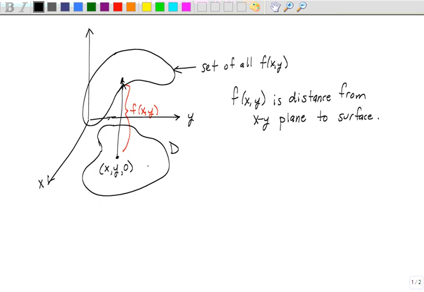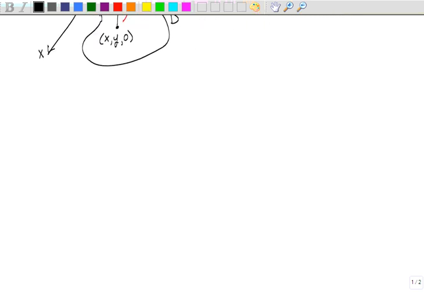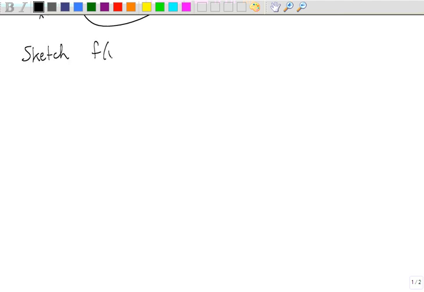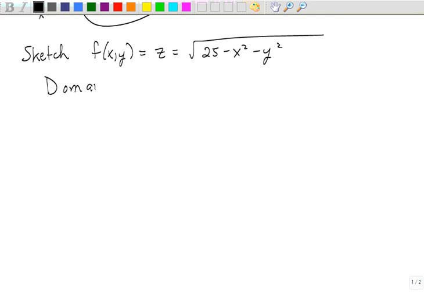So say we want to sketch z equals the square root of 25 minus x squared minus y squared. Okay, first off, the domain: whatever's inside the square root has to be greater than or equal to 0. So if you solve that, x squared plus y squared has to be less than or equal to 25.